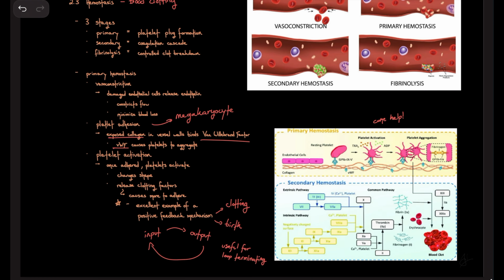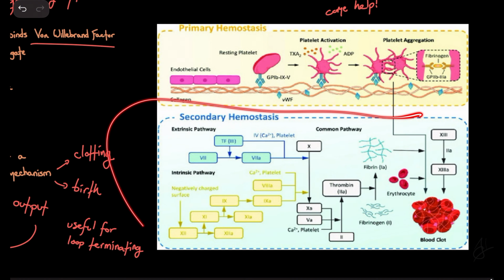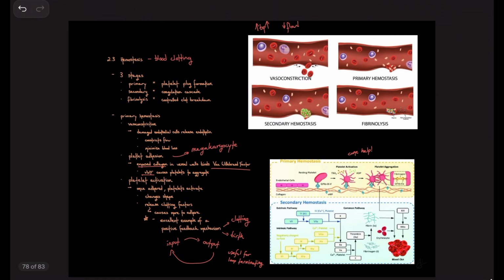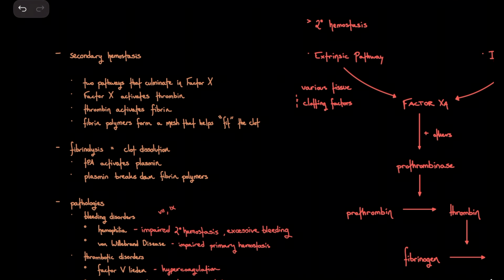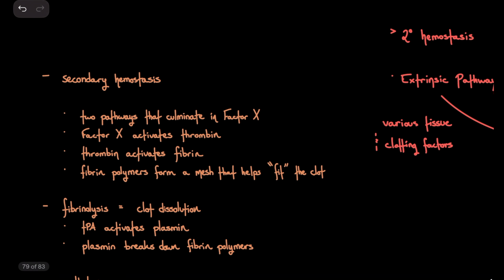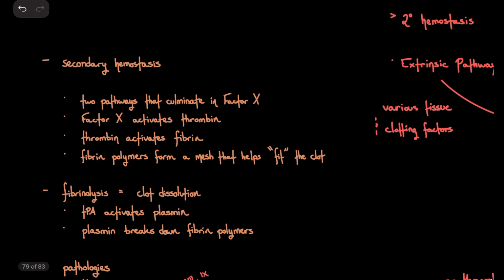That's primary hemostasis. Let's talk about secondary. This is overwhelming, and I'm going to simplify it over yonder. In secondary hemostasis, basically we have all of these clotting factors now floating around in the blood, and they are constantly communicating with one another.